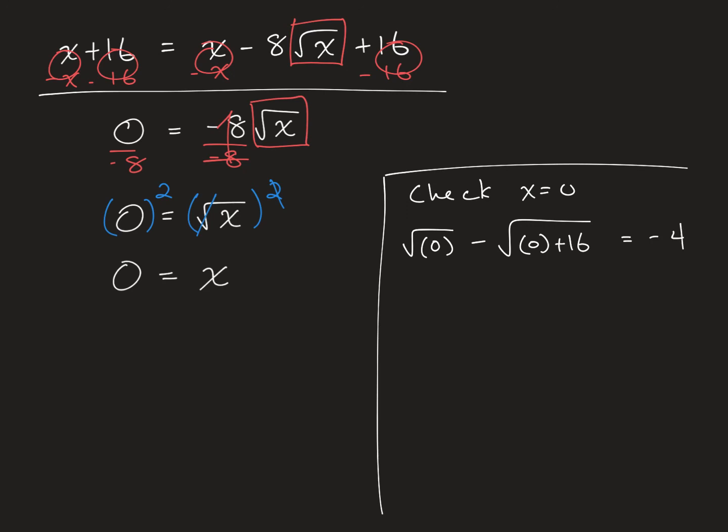So from this point, the square root of 0 is 0, check, minus the square root of 0 plus 16, that just adds up to 16, so the square root of 16 is 4, equals negative 4. So 0 minus 4 equals negative 4, yep, that's true. So x equals 0. Sometimes 0 is really the answer. In this case, it is. x equals 0.